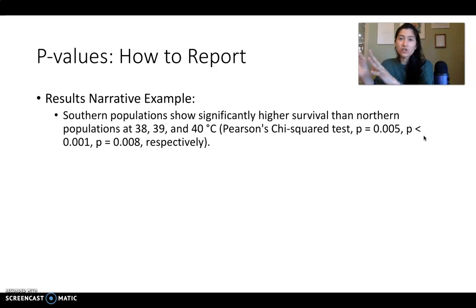If you're ever unsure, it's always good just to give what the exact p-value is. But this is one of the rules that I have followed in the past, is reporting the exact p-value rounded to 1 or 2 decimal places until it reaches 0.001, and if it's lower than that, then I just say it's less than 0.001.